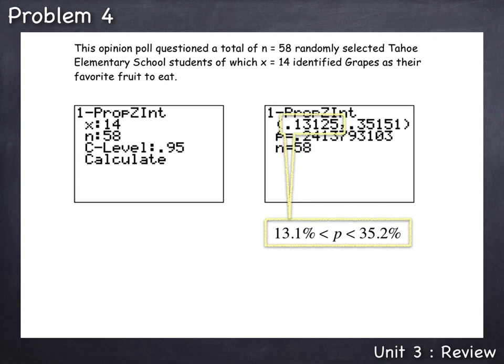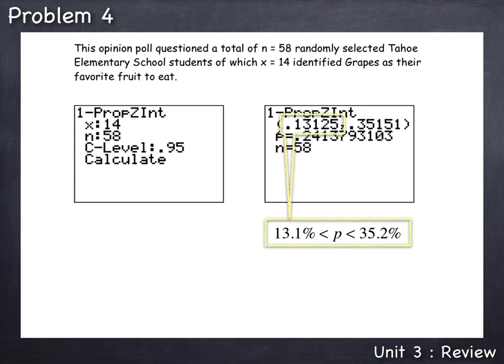The calculator gives the decimal answer 0.13125. But the question asks us to estimate the percentage of students. So to turn the decimal into a percent, we multiply by 100, or move the decimal 2 places to the right, and we'd get 13.125%. And you could use that in your answer.